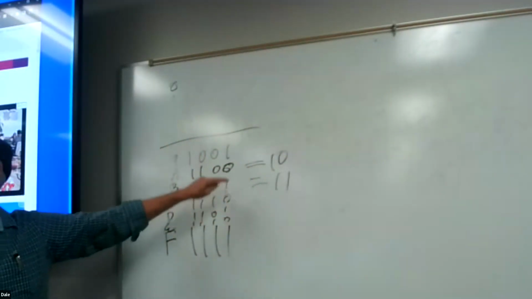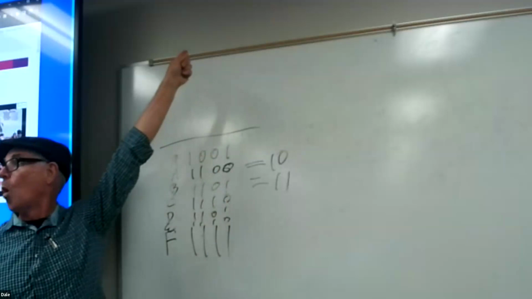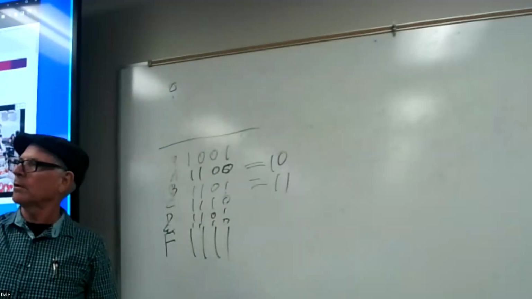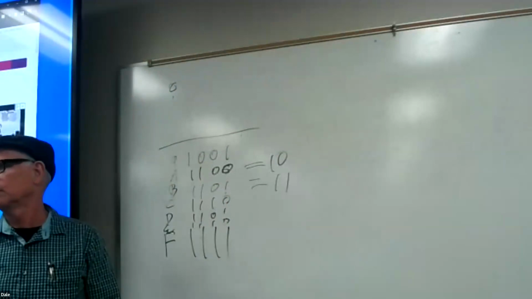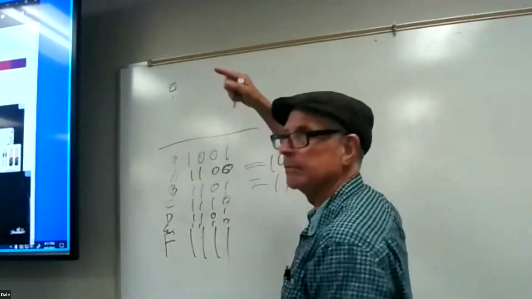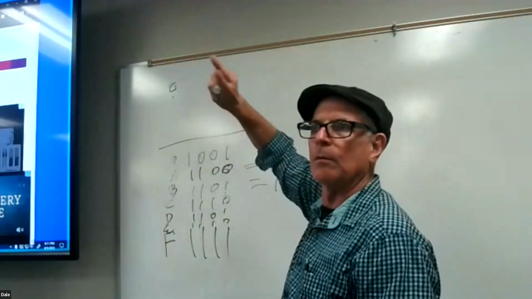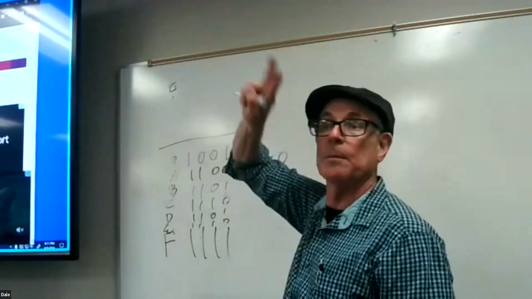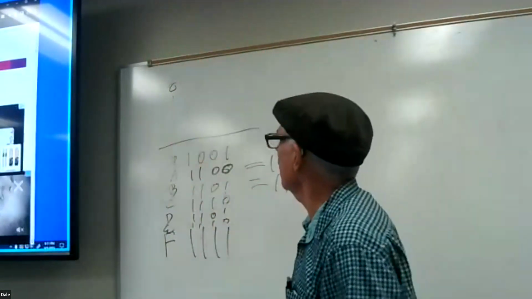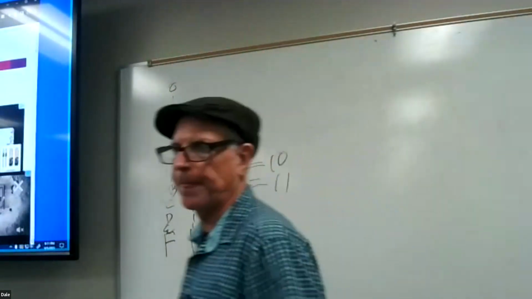Well, I can do that all the way down to 1. The last bit is going to have a pattern of 1, 0, 1, 0, 1, 0, 1, 0. The next bit over is going to have a pattern of 0, 0, 1, 1, 0, 0, 1, 1. Patterns of 2 and patterns of 4. So you can just kind of memorize that pattern and remember which is what.